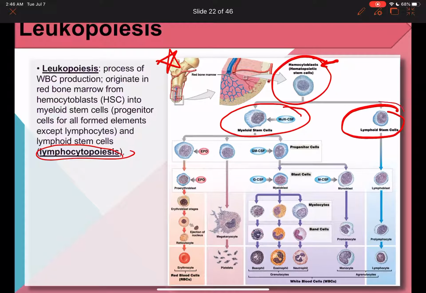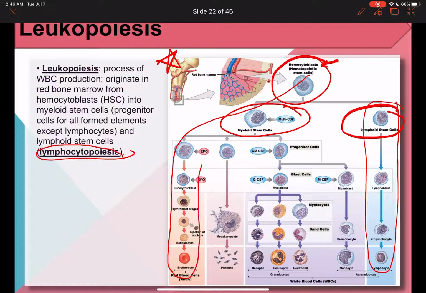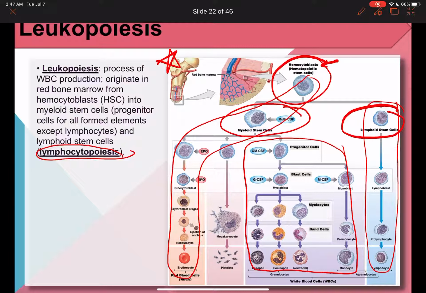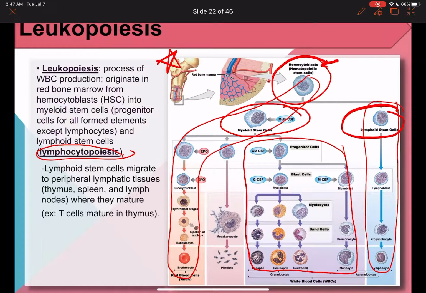This right here is what we talked about as erythropoiesis, and this right here is leukopoiesis, where myeloid stem cells can further differentiate into your basophil, eosinophil, neutrophil, and monocyte. I'm not going to ask for these different things in between, so don't worry about those.